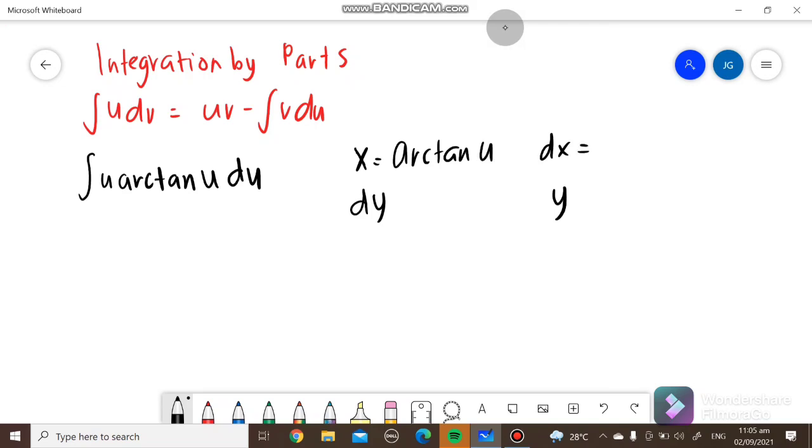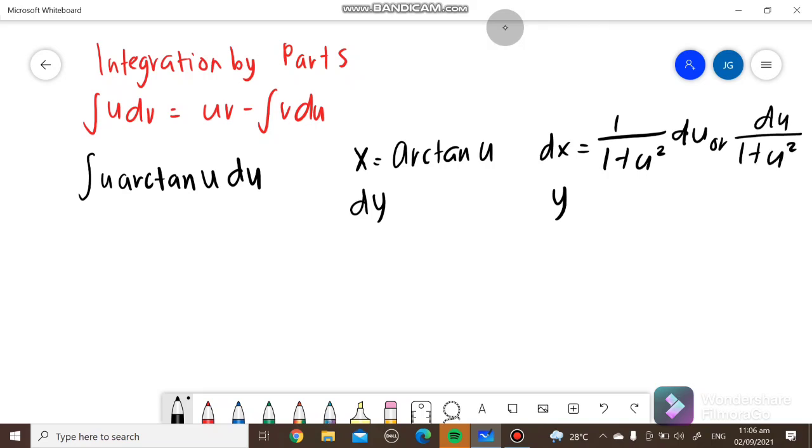So what's the derivative of arctan of u? The derivative of that is simply 1 over 1 plus u squared du, or we can write this as du all over 1 plus u squared.